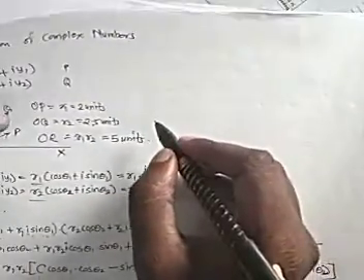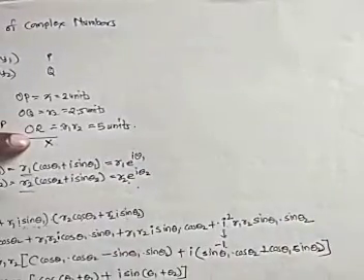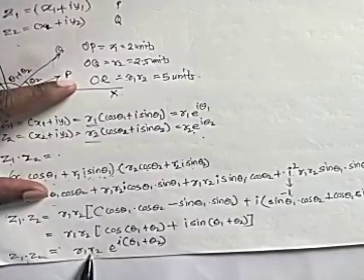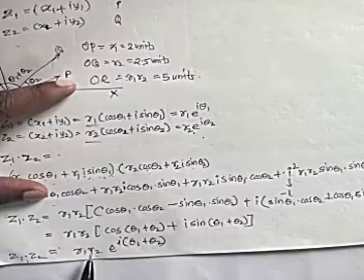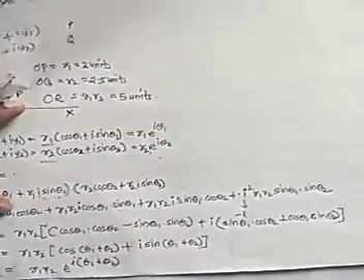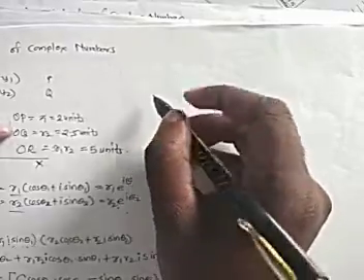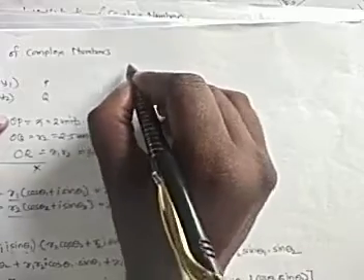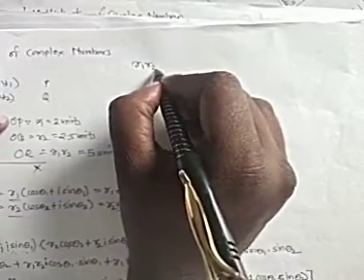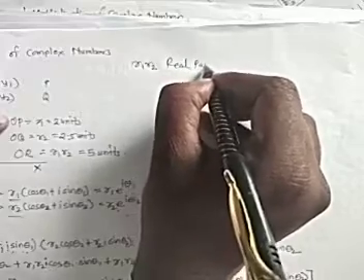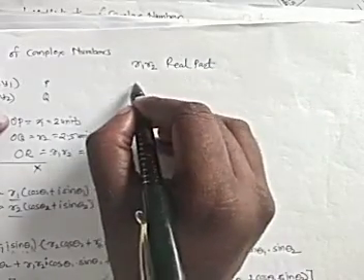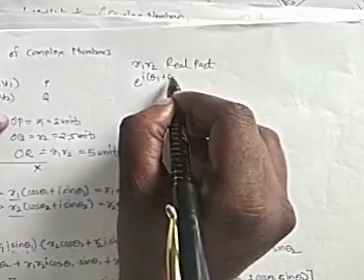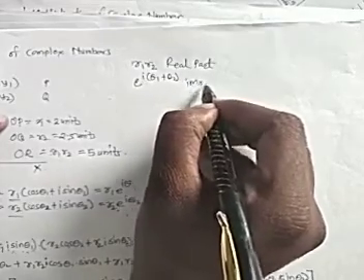So we can consider that the product of two complex numbers gives the product of real parts and the imaginary part. The real part is R1 R2, and e raised to I times (theta 1 plus theta 2) is the imaginary part.